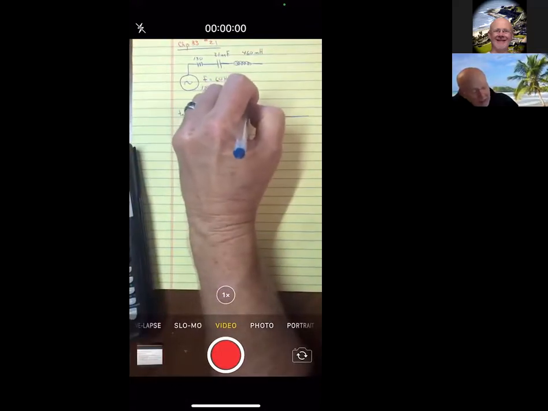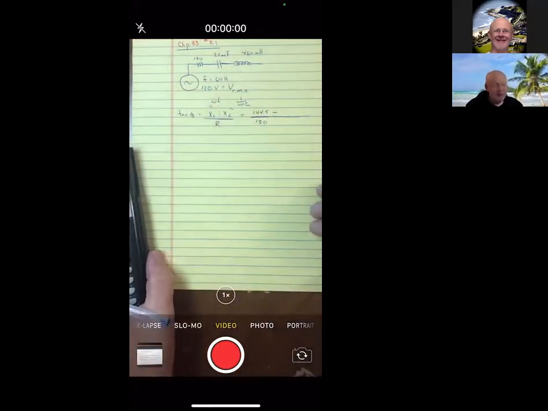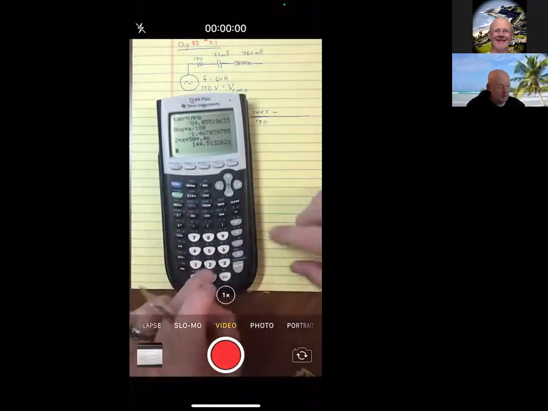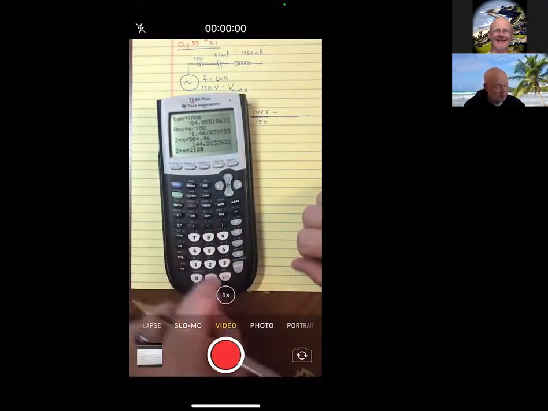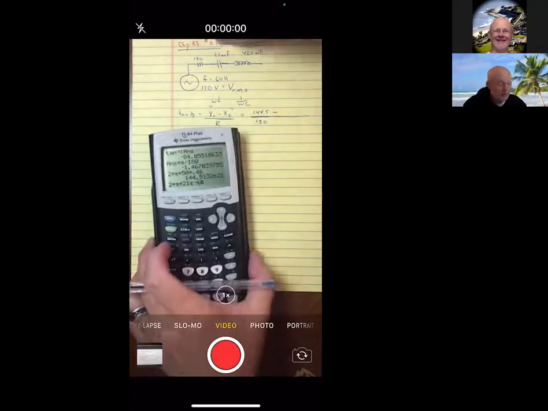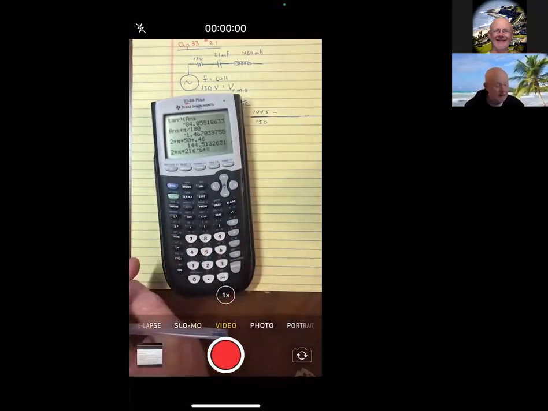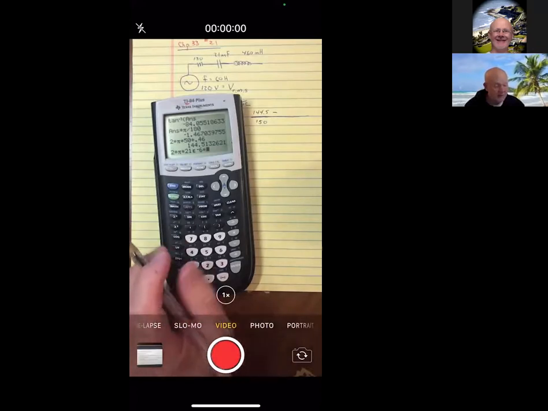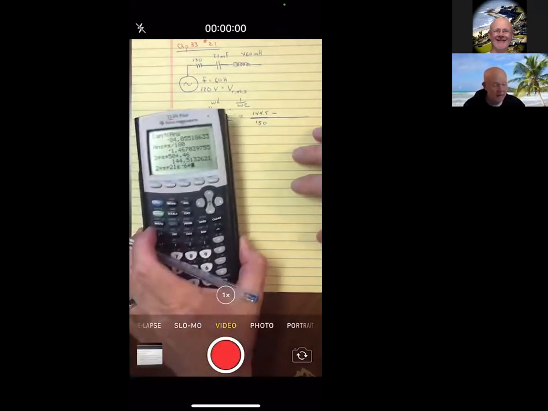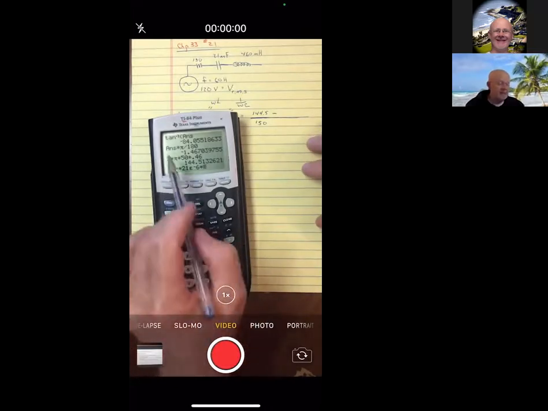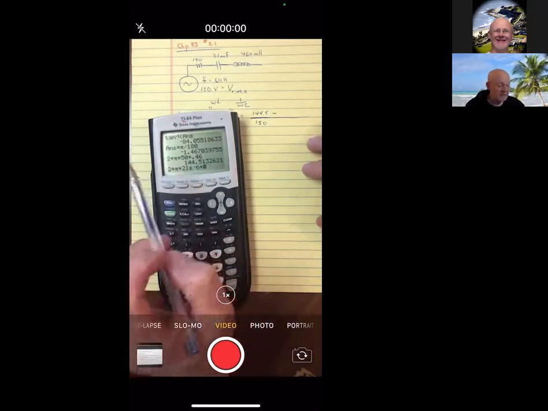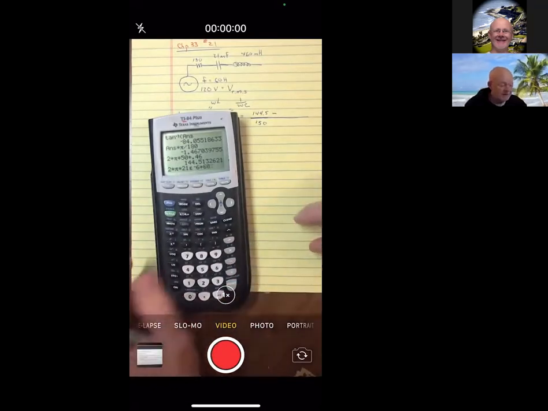But let's do a number. 1 over omega C is the reactance of the capacitor. So 2 times pi times 21 microfarads. Oh, I've got the frequency. And I messed up here. I wanted the 60 up there. All right, I'll have to go back and fix that.